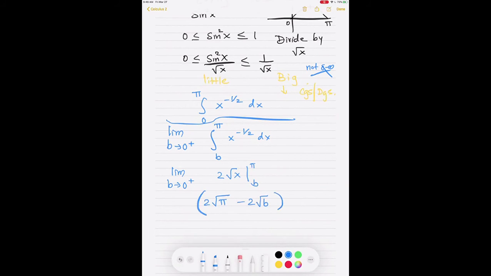Now take the limit as b approaches 0, and I'll wait.